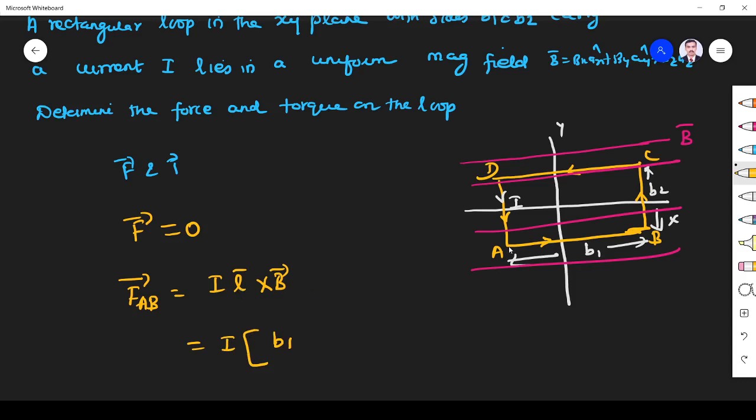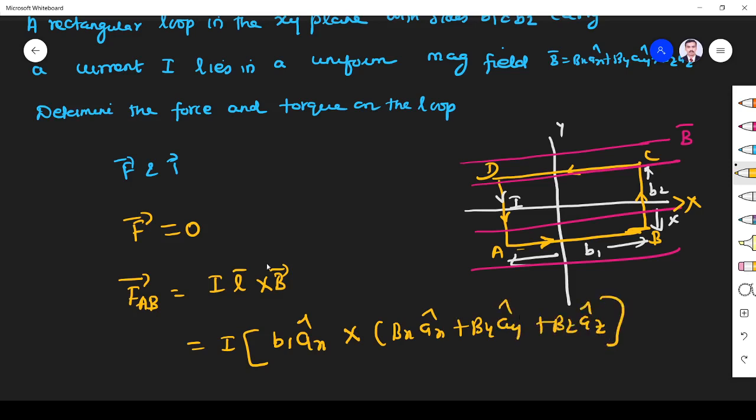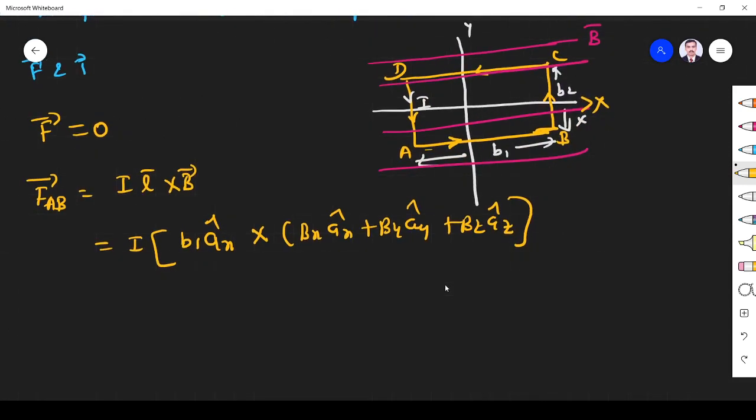This is the X direction and this is the Y direction, so AB is along the X direction, A to B. So it is ax, cross B, which is Bx ax plus By ay plus Bz az.